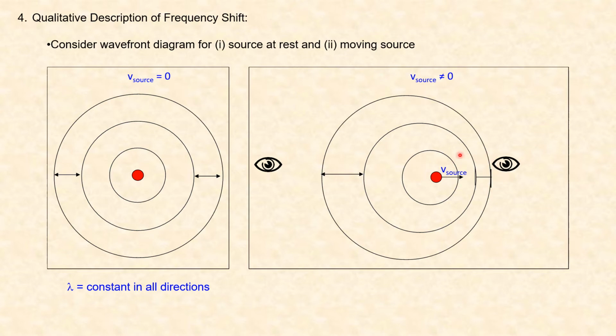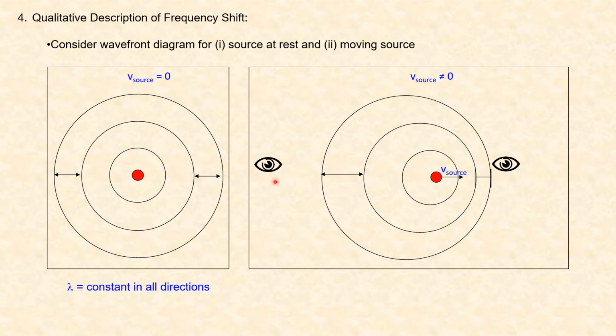So the wave fronts get crowded in the region in front of the source, and the region behind the source is moving away from the waves that it emits, causing the wave fronts to get more diffuse, more spread out.